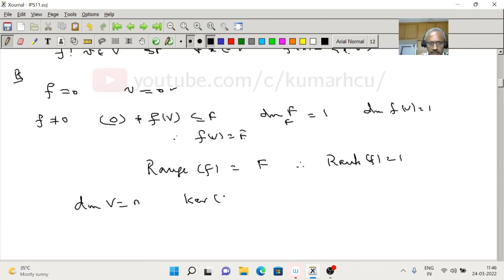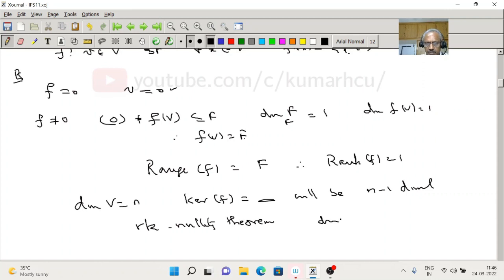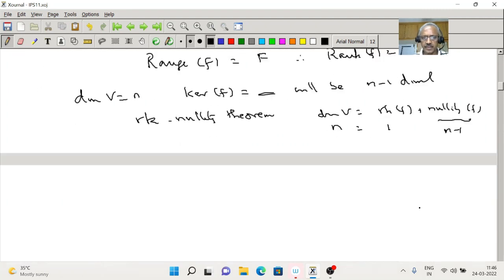Therefore, what is the kernel of f? The dimension of the kernel will be n minus 1 by the rank-nullity theorem. Why? Because the dimension of V equals the rank of f plus the nullity of f. This is n, this is 1, therefore the nullity should be n minus 1. Do you understand this? Pause, review, proceed.